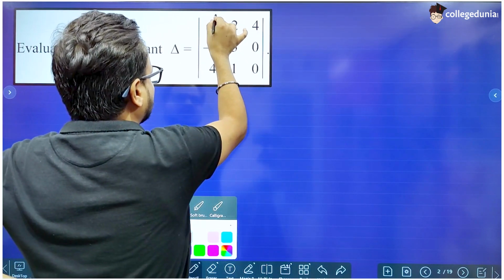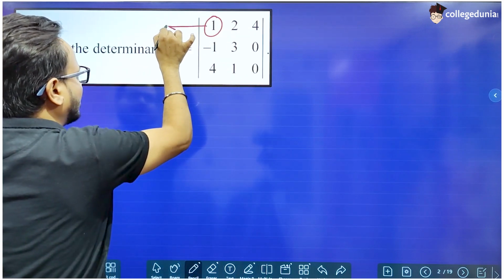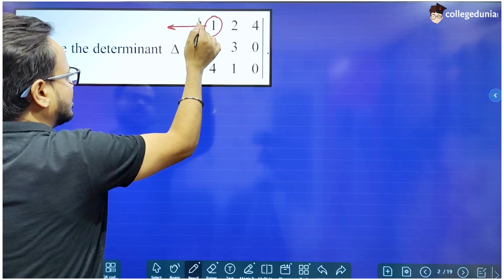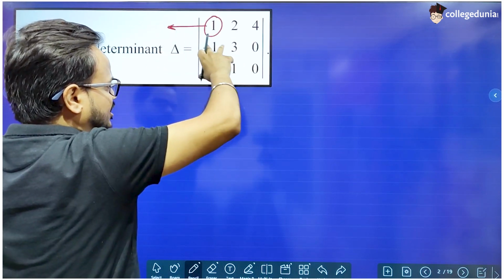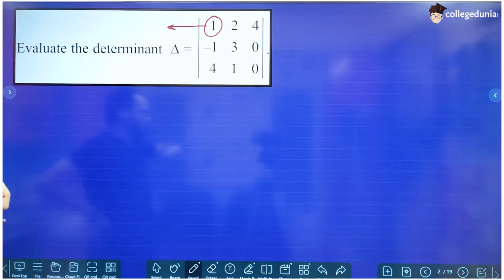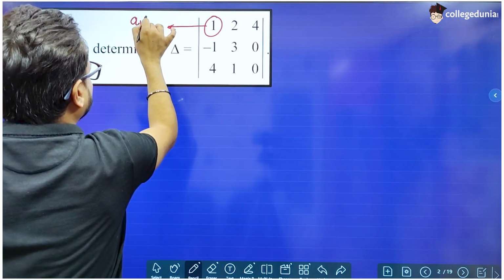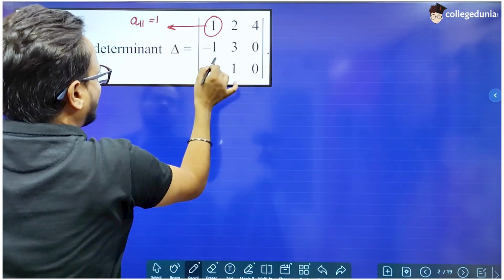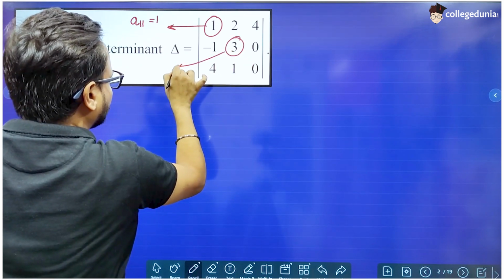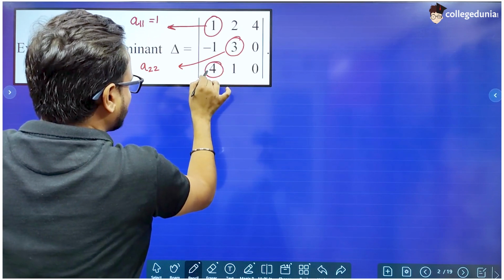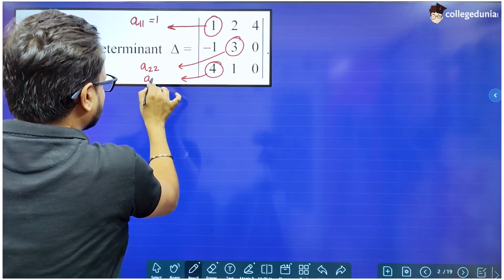For example, this element 1 has an index of 1 1. Suppose we are representing all these elements with the letter small a. So we will write that this is a 1 1, that is 1. Or this one is a 2 2. Or this one is a 3 1.